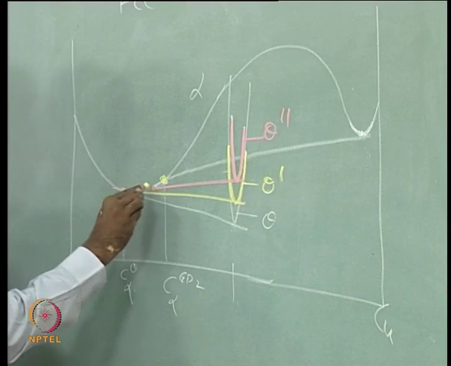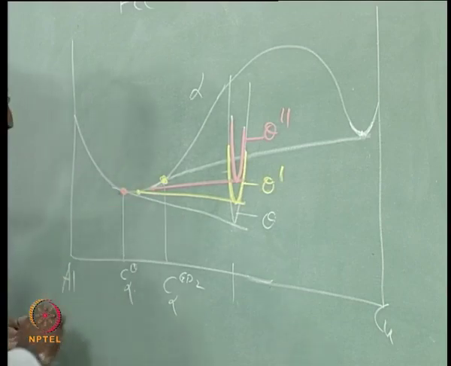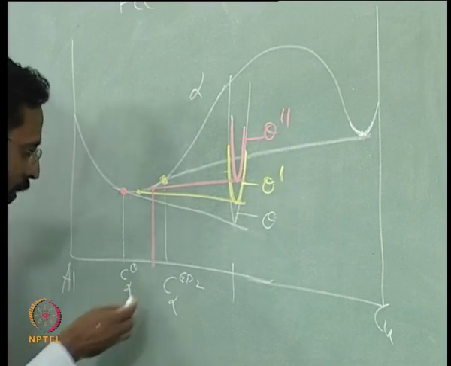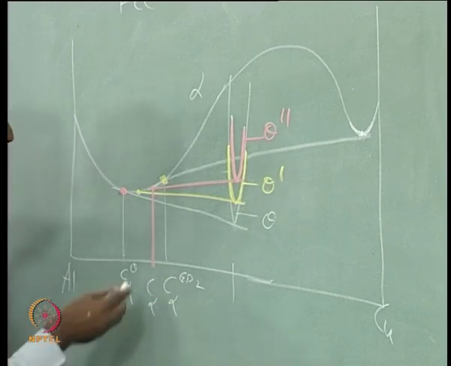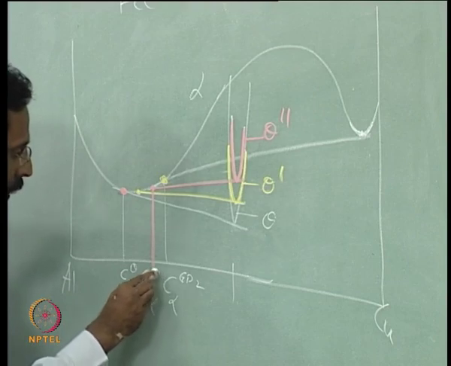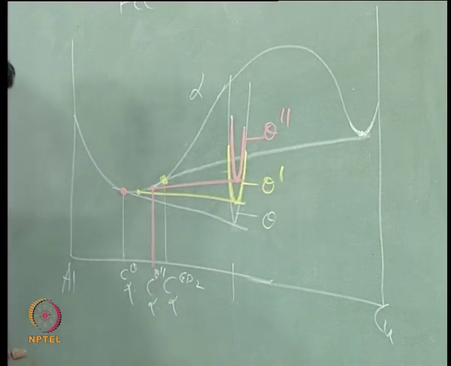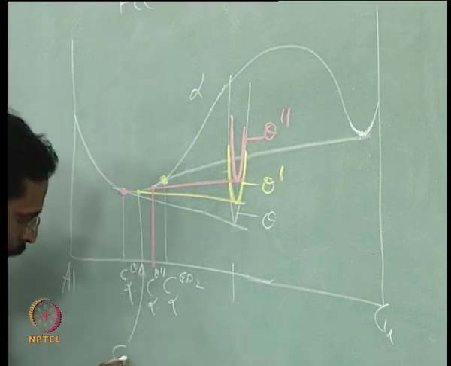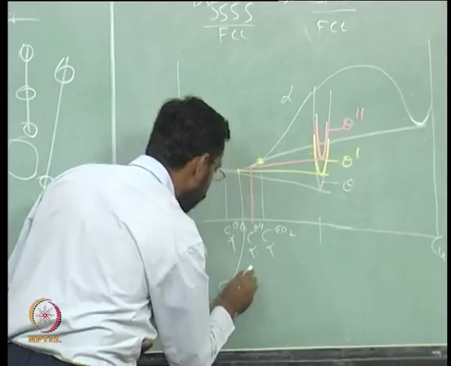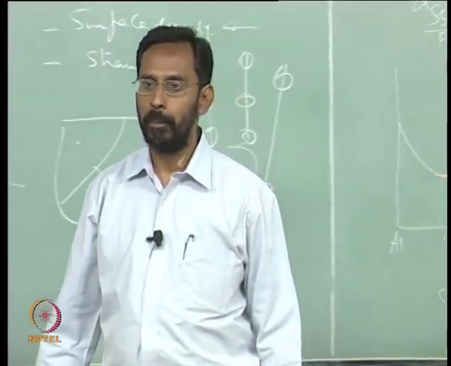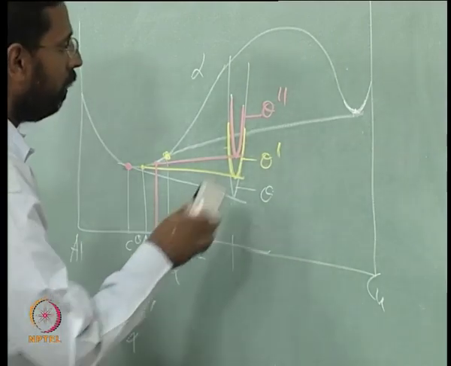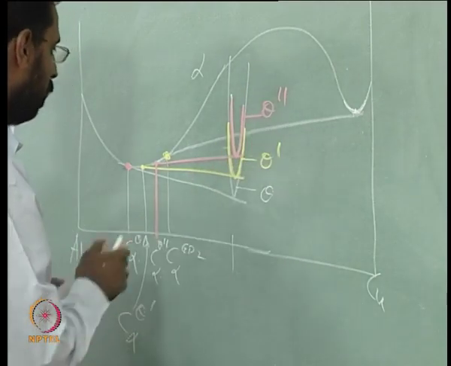two additional points: this, which is the composition of alpha in equilibrium with theta double prime, and this is the composition of alpha in equilibrium with theta prime. Okay, so sorry, you are right, this is correct.